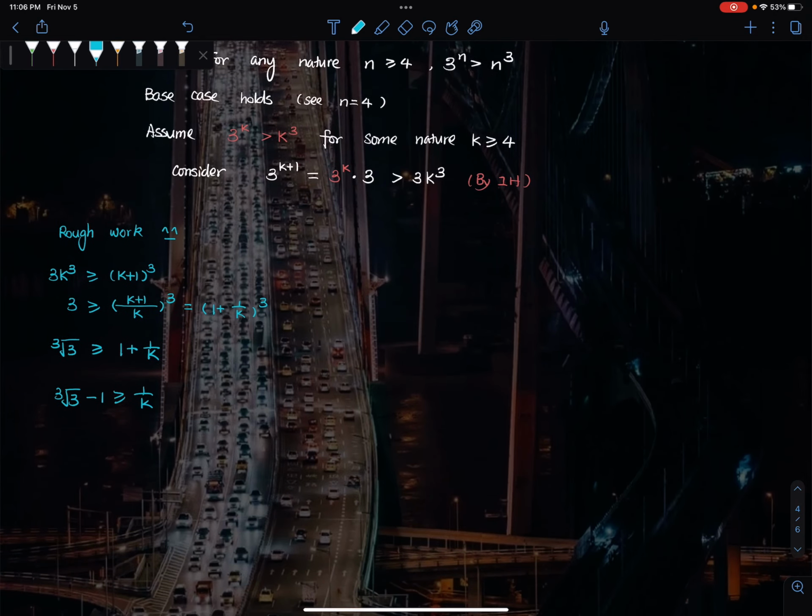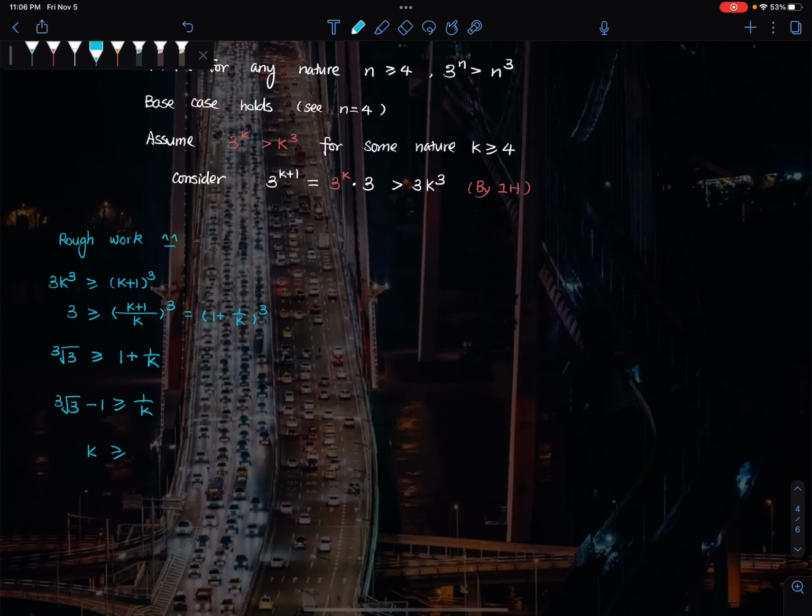What does this mean? When we get here, what does this mean? This means that k is greater than or equal to 1 over the cube root of 3 minus 1.